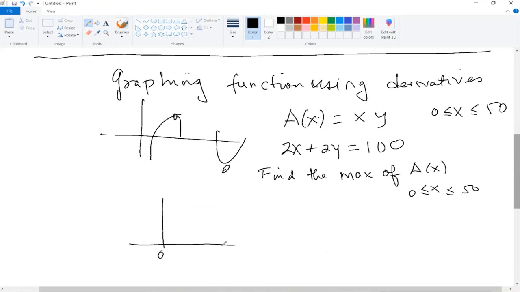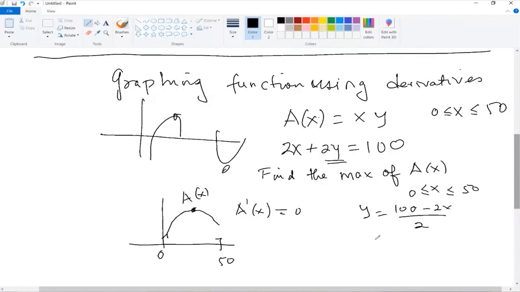Suppose that you have here the 0, here the 50, and the function A(x). I don't know really how it is. At this point, you have to find A prime of x equals 0. So y equals (100 minus 2x) over 2, y equals 50 minus x. When x is 50, y is 0, and when x is 0, y is 50.